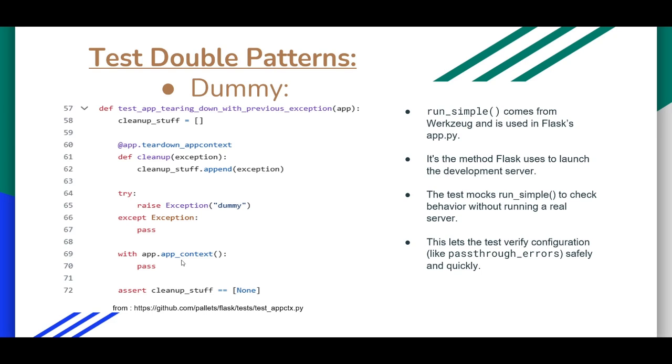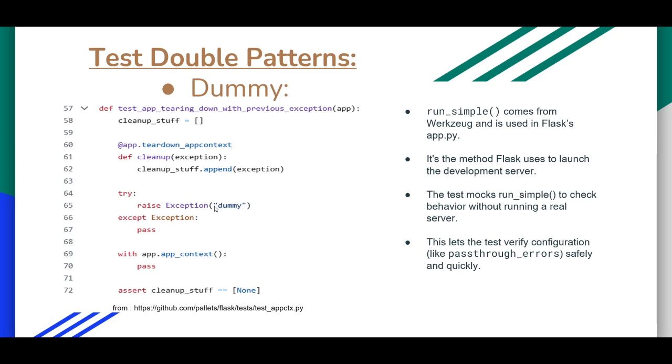Then it starts a new app context and closes it. So at the end, the test just checks if Flask ran the cleanup like it was supposed to. The test raises an exception error dummy here, but that exception isn't used anywhere. It doesn't affect the app context. It doesn't change the behavior.